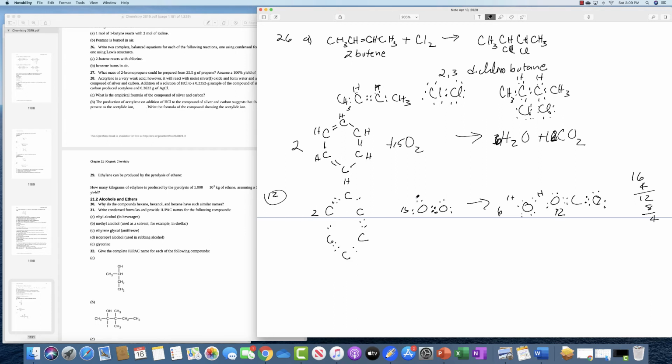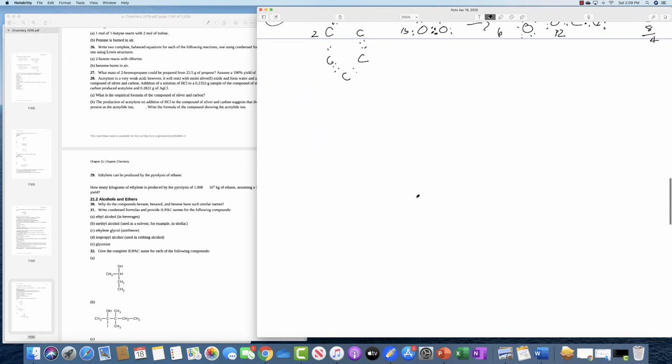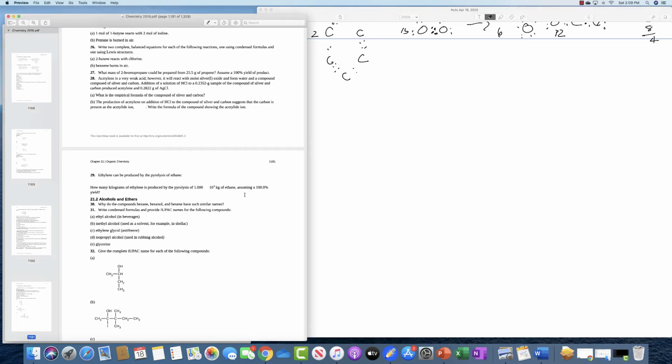Now, let's take a look at this last problem. Number 29 says ethylene can be produced by pyrolysis of ethane. How many kilograms of ethylene is produced by the pyrolysis of 1 times 10 to the 3rd kilograms of ethane, assuming 100% yield?